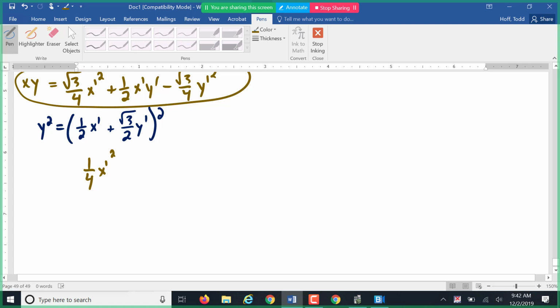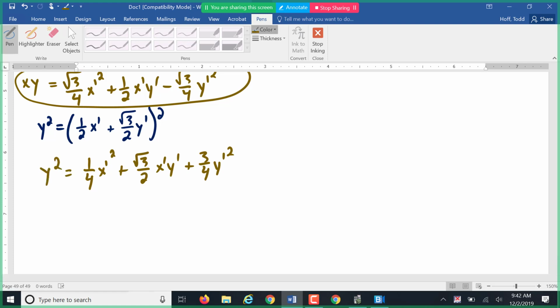Of course, times 2 makes it the square root of 3 over 2. So plus the square root of 3 over 2 x prime y prime. And finally, the square root of 3 over 2 squared is 3/4 y prime squared. That is y squared. So now we do the substitutions.